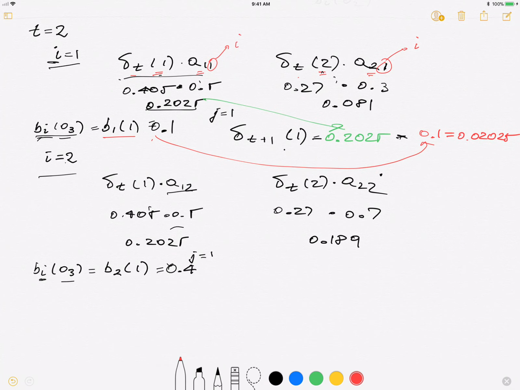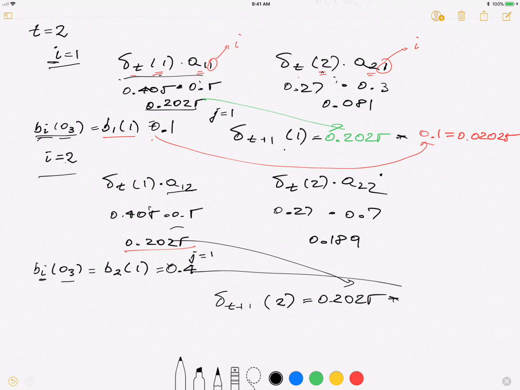And here I have the maximum value of the product multiplied by this, which would be 0.2025 times 0.4, which gives us 0.081.